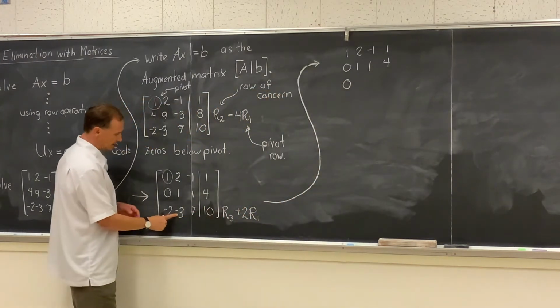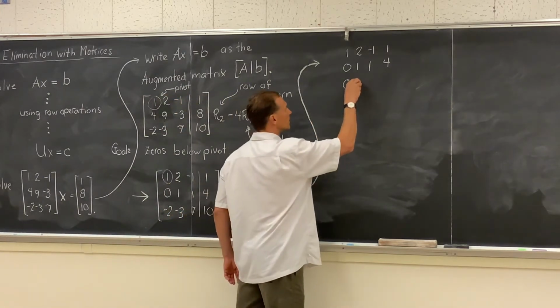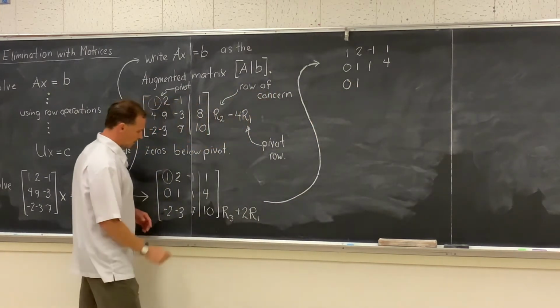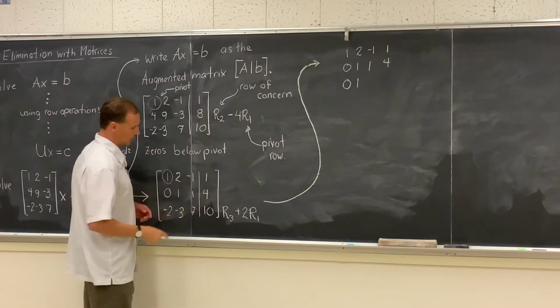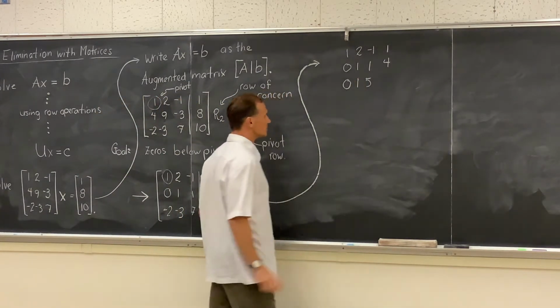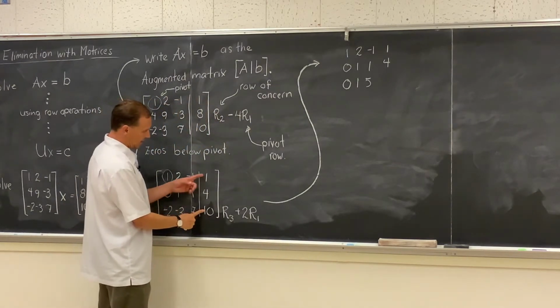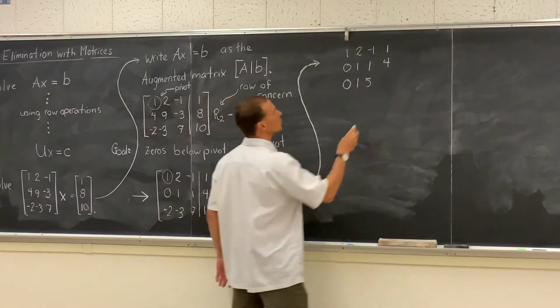This is minus 3 plus 4 for 1. This is 7 minus 2 for 5. And this is going to be 10 plus 2 more for 12.